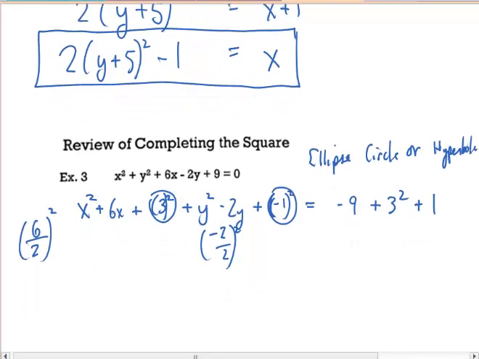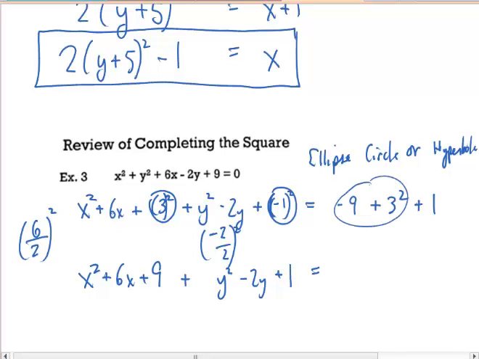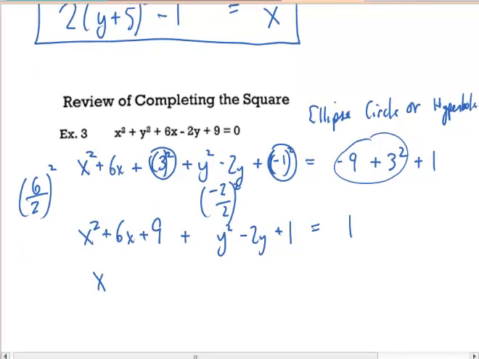So now when I simplify this, I have x squared plus 6x plus 9 plus y squared minus 2y plus 1 equals, these cancel, it's negative 9 plus 9, and then I'm left with 1. So what I end up getting is x plus 3 quantity squared plus y minus 1 quantity squared equals 1.